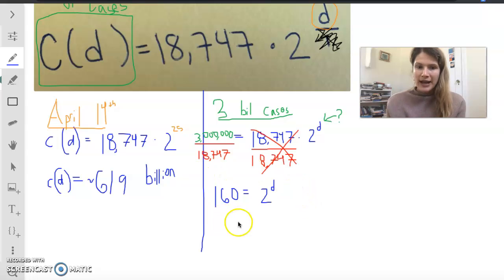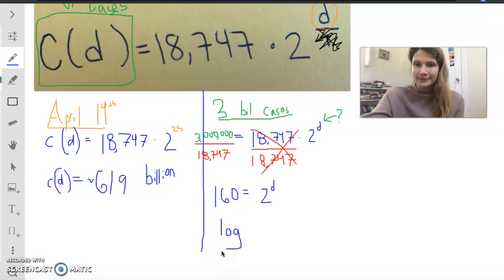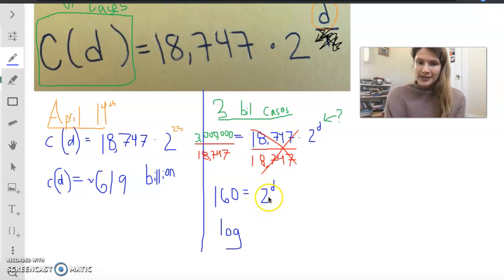So I'm going to rewrite this expression as a logarithm. Crazy but true. I'm going to write the word log, which just means the opposite of an exponent. It's the inverse. The base of my log is always going to be the base of my exponent. So the 2, it's going to be log base 2.